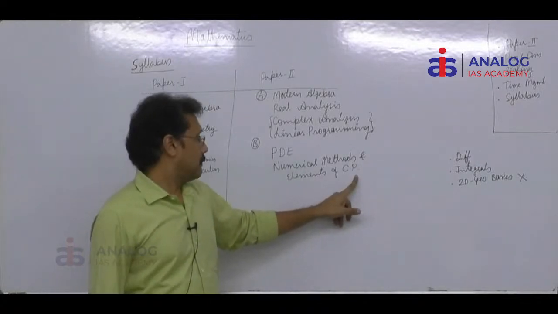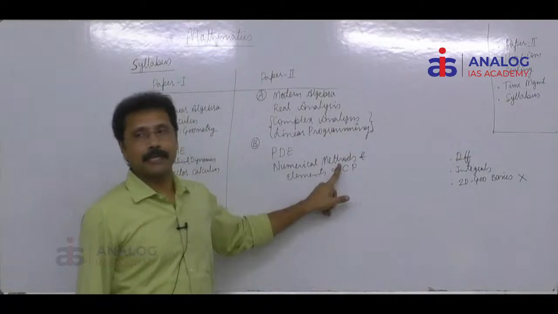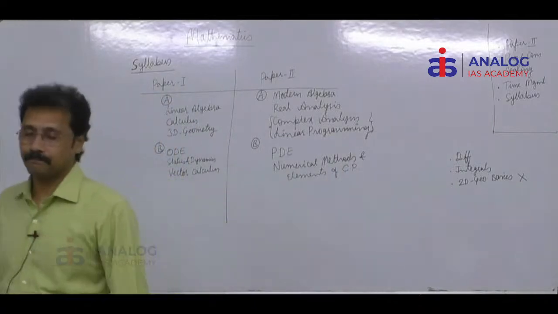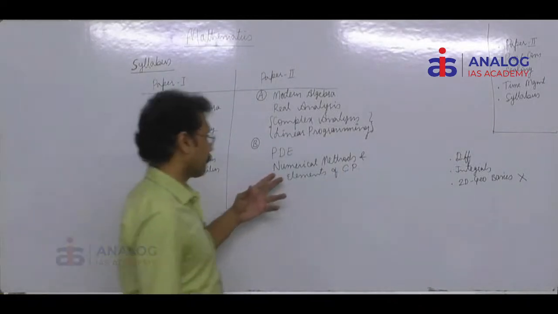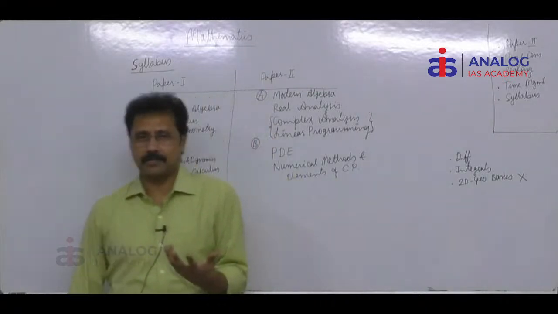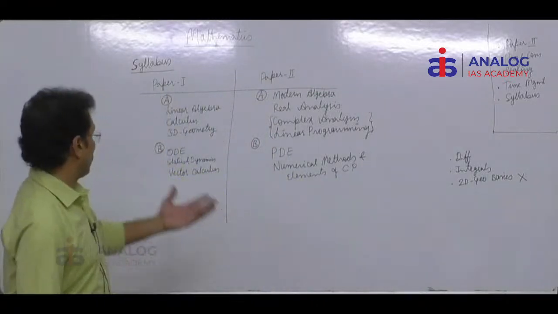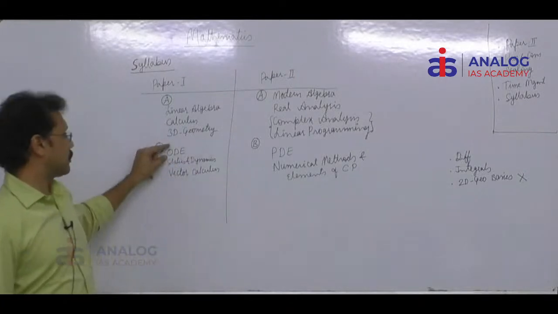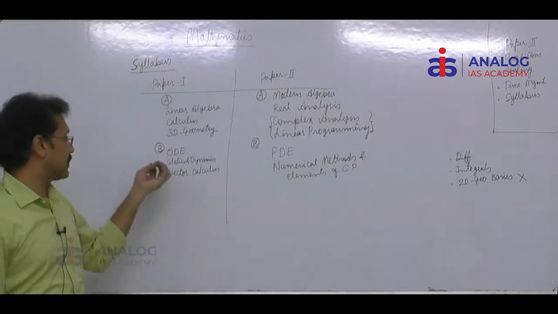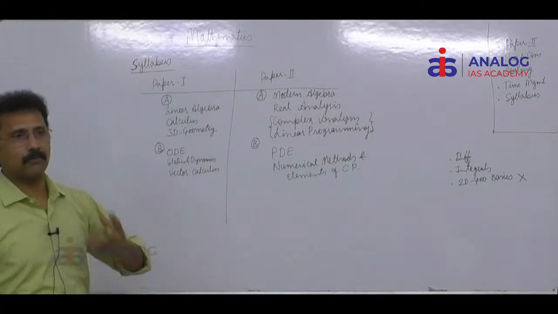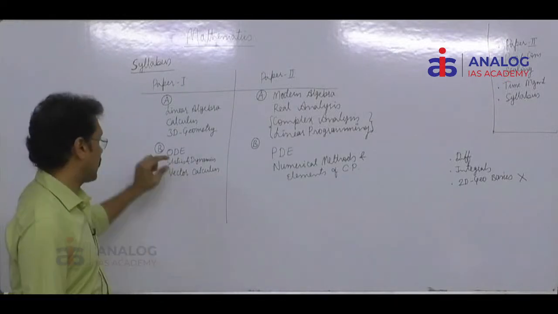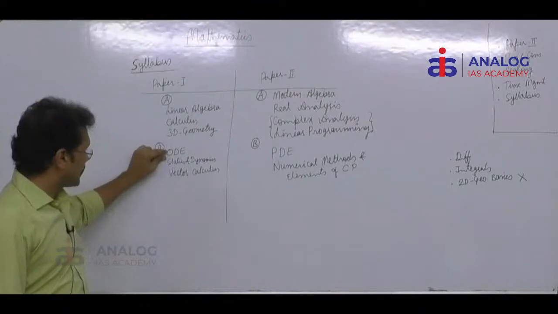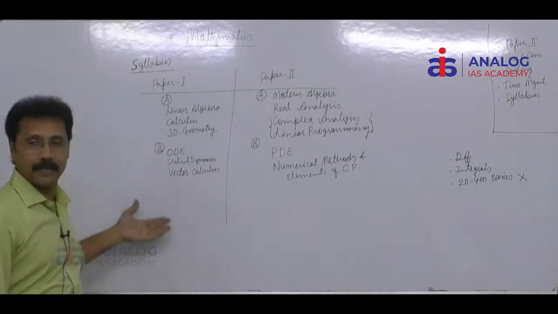But one more thing is numerical methods. Numerical methods are all about iterative methods, iterations. If you have ordinary differential equations, based on the coefficients or the structure of the question, we can apply certain principles and solve it and get an answer.